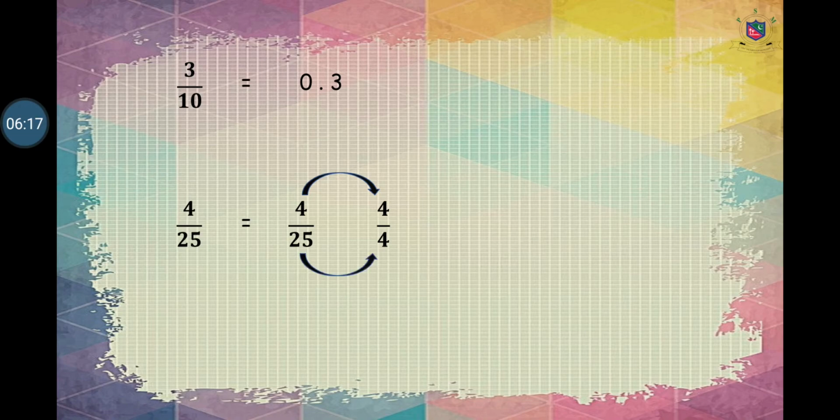So we multiply 4 in the numerator and 4 in the denominator. 4 times 4 is 16 and 25 times 4 is 100. Now we write 16. Just look at the zeros in the denominator. We have 2 zeros, so after the decimal point there must be 2 decimal places. So we put the decimal point before 16, and at the start we put 0.